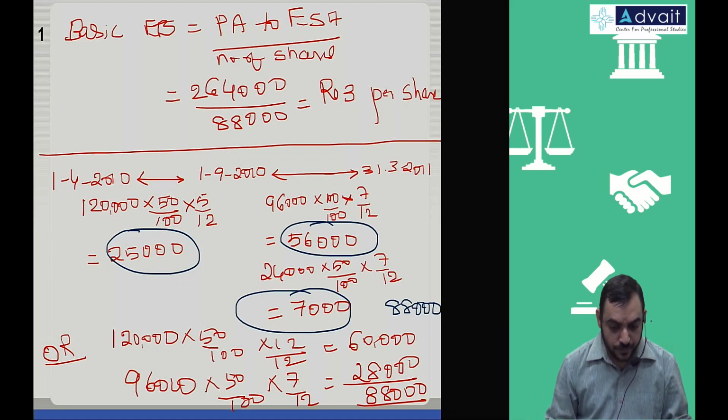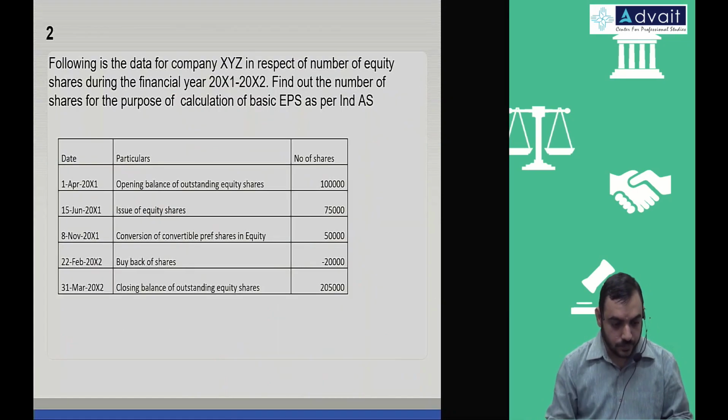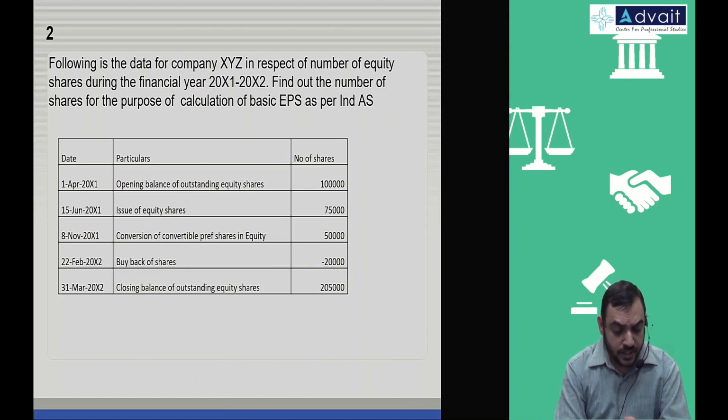Okay, question number 2. Following is the data for company XYZ in respect of the number of equity shares during the financial year 1-2. Find out the number of shares for the purpose of calculation of basic EPS as per Ind AS. So it's only about the number of shares; we are not calculating any EPS.